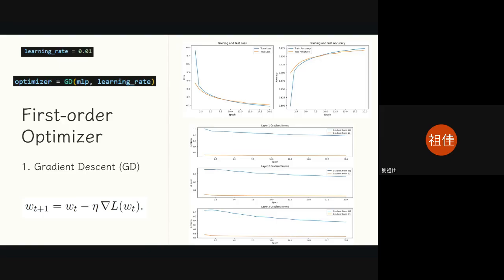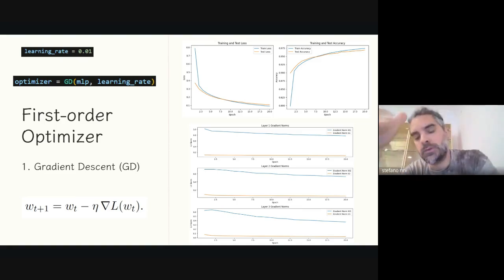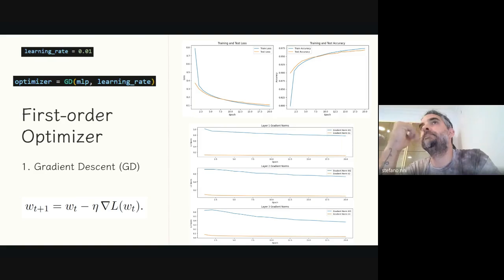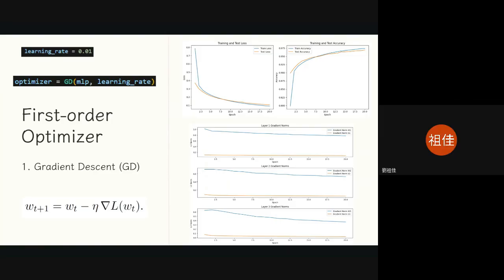Softmax is here, input is here. Is layer one the one closer to the input or the one closer to the output? Layer one is closer to the input. And the norm, is it normalized by the size of the gradient? Must be, right? Yeah, I think so.